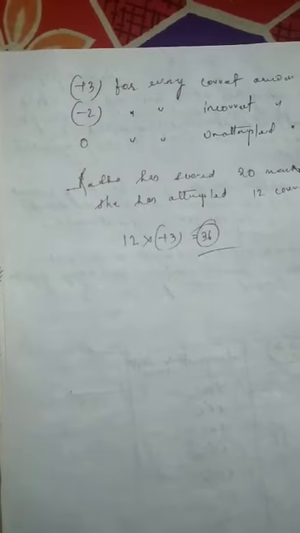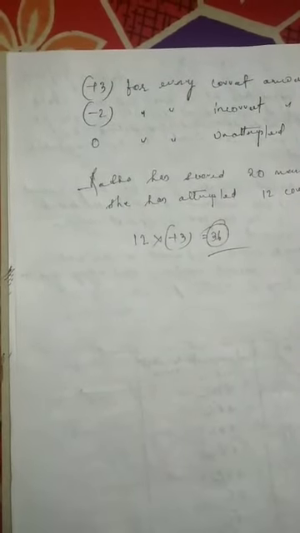So children, 12 correct. So she's supposed to get 36 according to the question. If she has attempted 12 correct, as per the question, she's supposed to get 36.